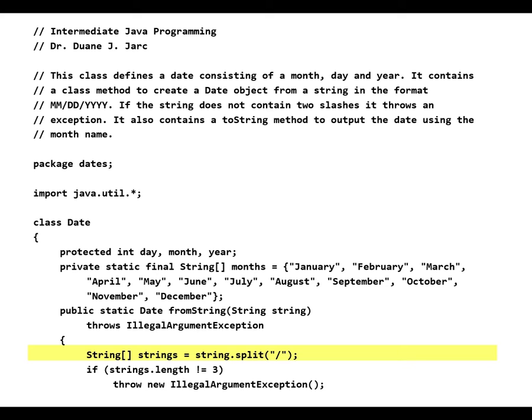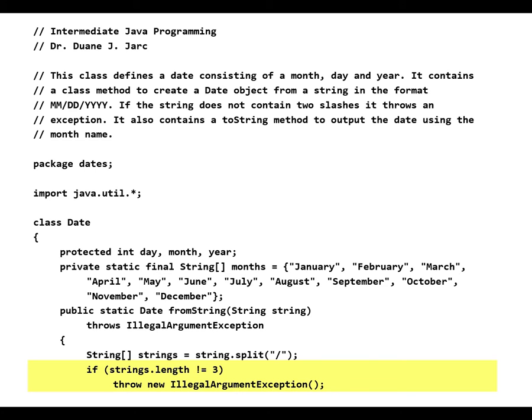Notice that it uses the split method to break apart the string specifying slashes as the delimiters that separate the three components of a date, and then checks that split produced three strings corresponding to the month, day, and year, all written numerically.